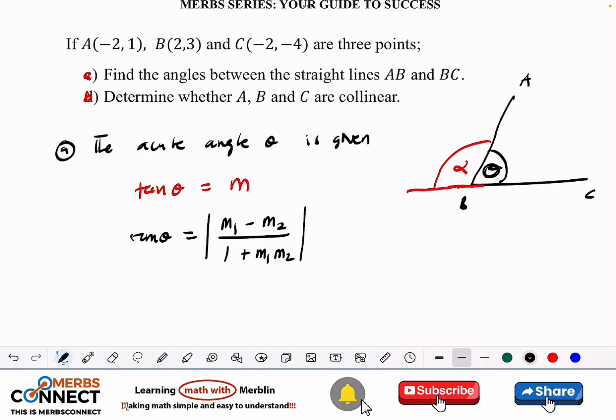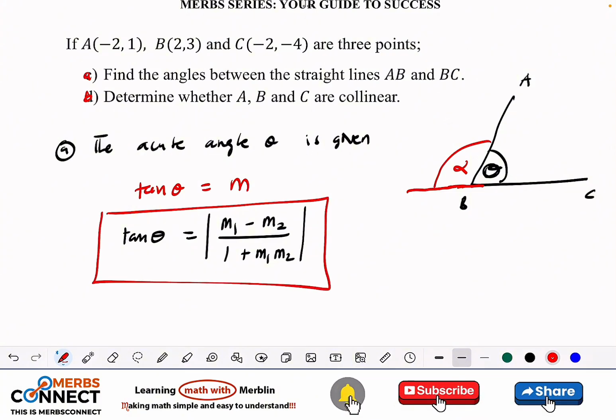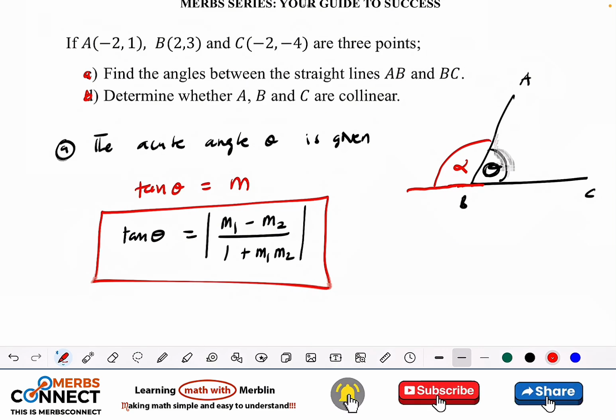I told you that whilst you are going through the angle between the lines, things will come up and then we write them down. So tan theta is equal to this, and you can just jot it down. If you don't want to, in the MERB series for next semester, we have all the formulas in the first, second and third pages.